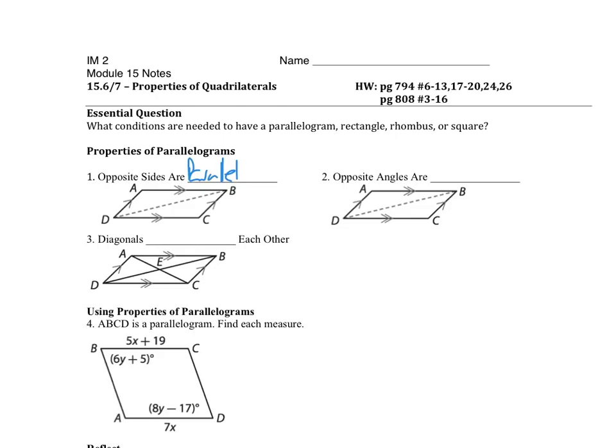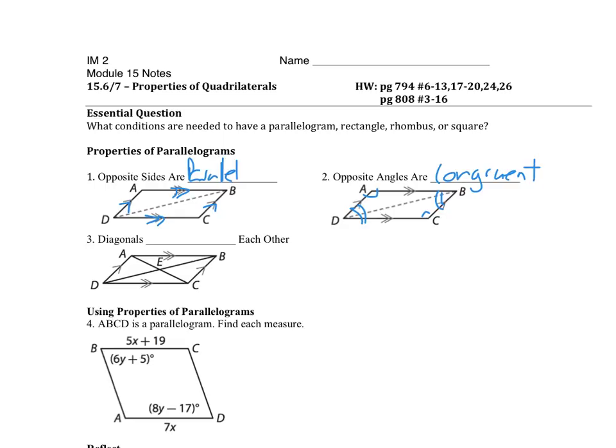And then we also know that opposite angles are congruent. Okay, so parallel is these lines here. So those two sides are parallel. Those two sides are parallel. That's what the arrows mean. And then opposite angles are congruent. So A is congruent to C, and D is congruent to B.